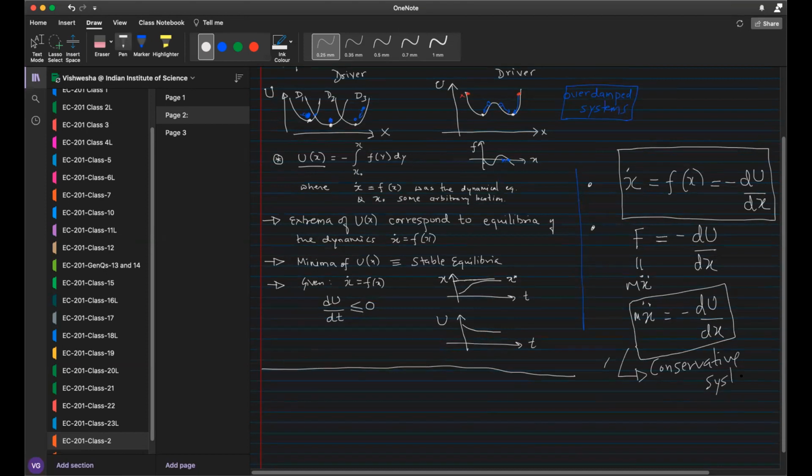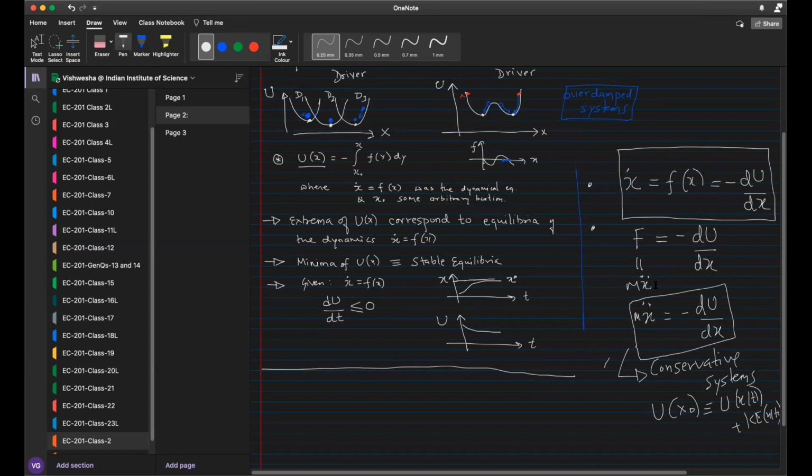Whatever the initial value x0 you have, u of x0 will be the same as u of x of t plus the kinetic energy of x of t. So total energy remains the same, but that will not be the case here.